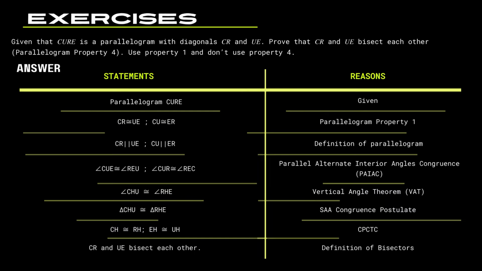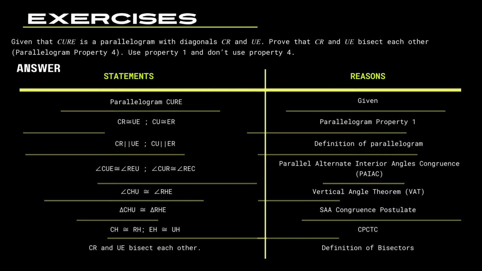For our third problem, given that CURE is a parallelogram with diagonals CR and UE, prove that CR and UE bisect each other. Okay, for this, you can create a different answer because in statement-reason problems, there are different flows you can follow when you answer.